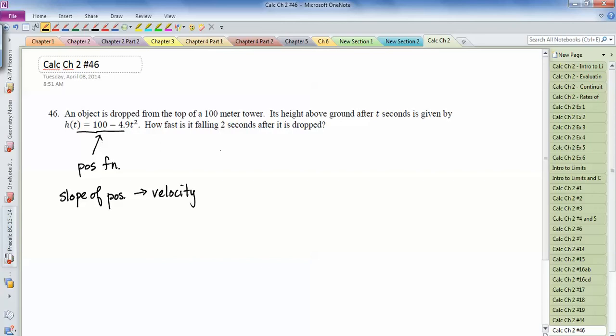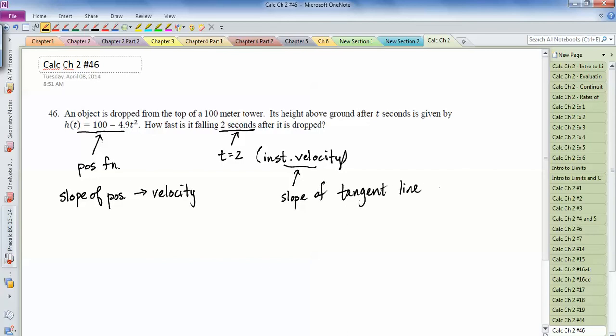So in this case, I'm not looking for an average velocity. I'm looking for a velocity at exactly t equals 2. So what I want is an instantaneous velocity. If it was an average velocity, that means average slope, essentially, so slope of a secant line. Instantaneous velocity should make us think slope of the tangent line at t equals 2.